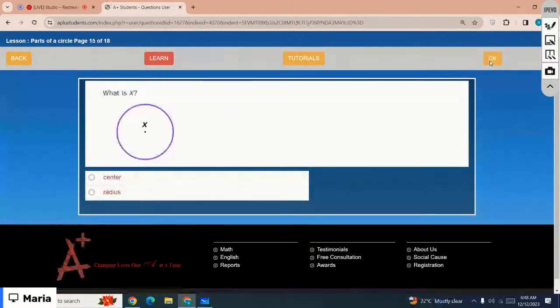What is X? That is the center of the circle.